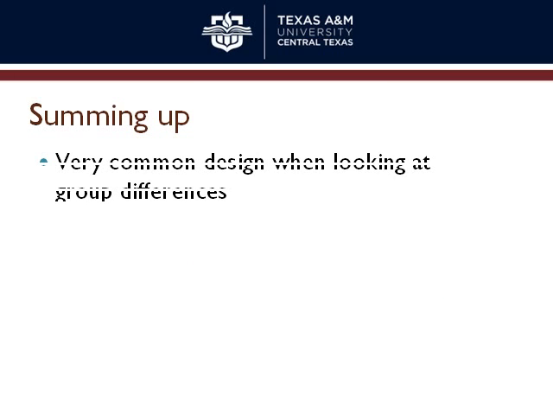All right. Summing up, factorial designs are very common whenever you want to look at group differences. A lot of experimental designs are going to use a factorial design, because if you're going to go to all the trouble of conducting an experiment, this therapy versus this therapy, you're going to add some other factor while you're at it, just because it doesn't make sense not to.